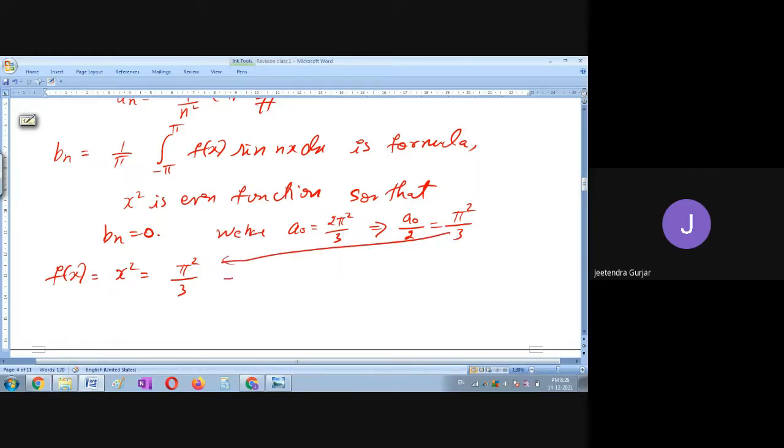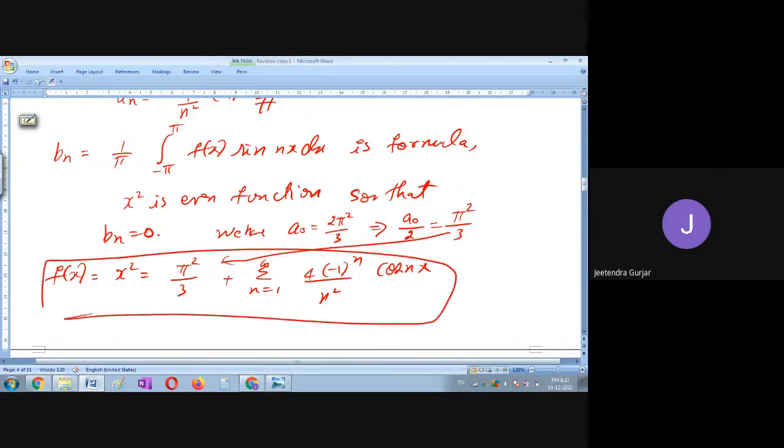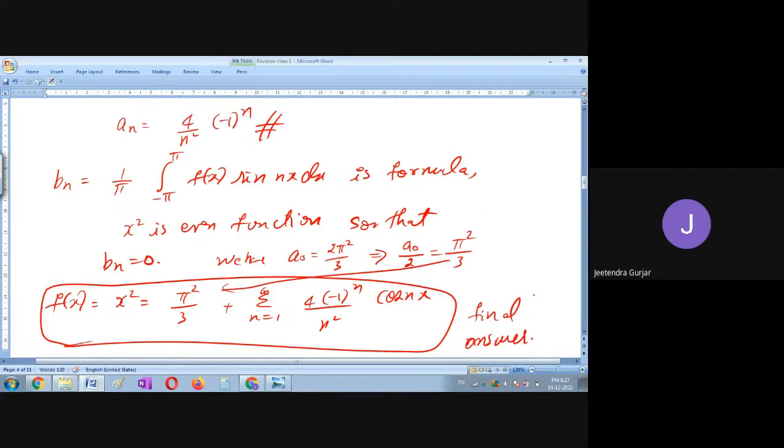Then plus summation n from 1 to infinity 4 into minus 1 raised to n upon n square cos nx. This is the final answer. Please see that many of them have not written this final answer. See that, students, you don't make any mistake.